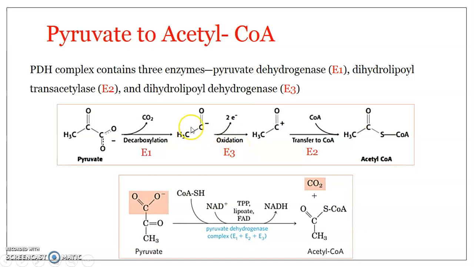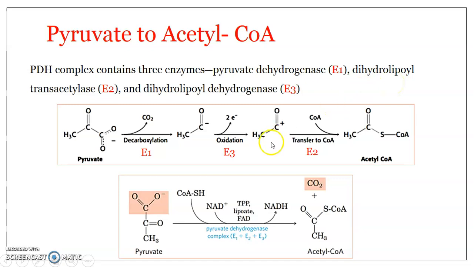So the acetyl TPP gets converted to the S-acetyl lipoic acid complex, and the lipoic acid which is required for the reaction to be catalyzed remains bound to the dihydrolipoyl transacetylase.